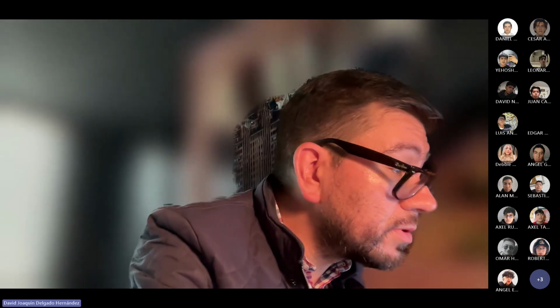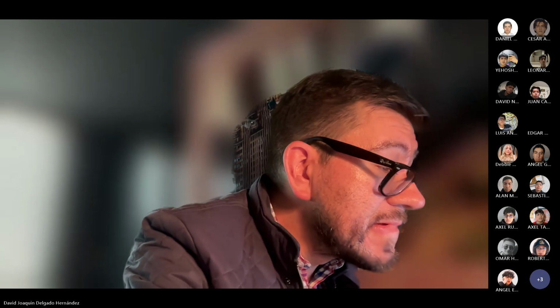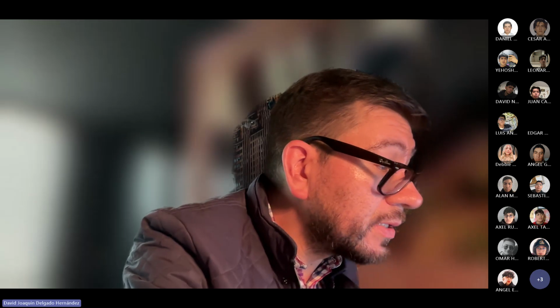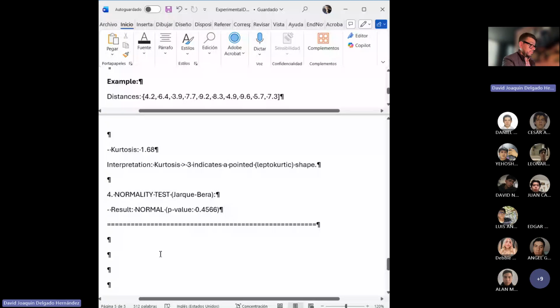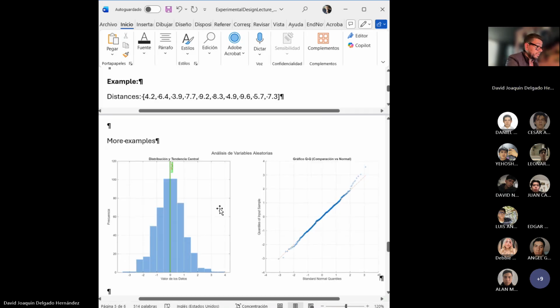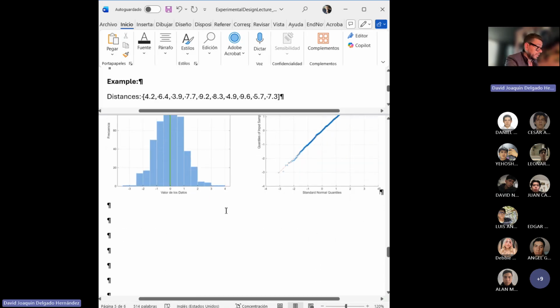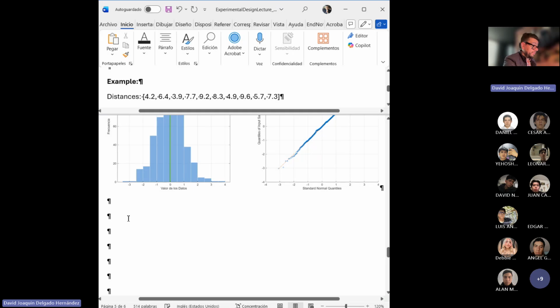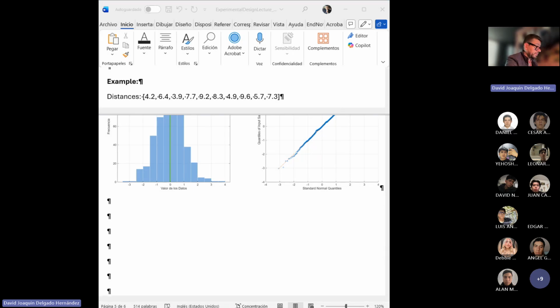Share Word here. Word experiment here. Okay. So more examples. I am going to share with you this file at the end of the lecture. Okay. So here is an example, and let me put the interpretation of this.